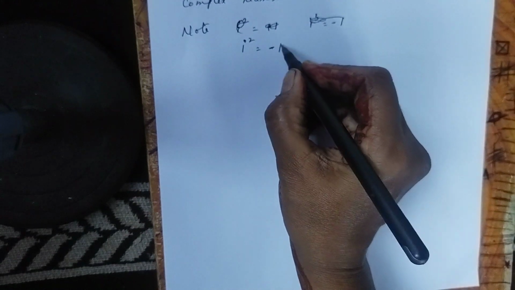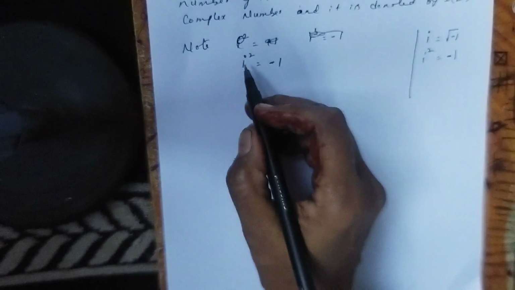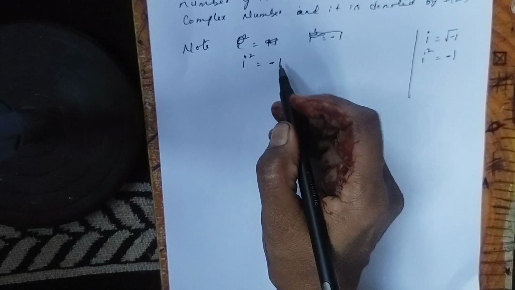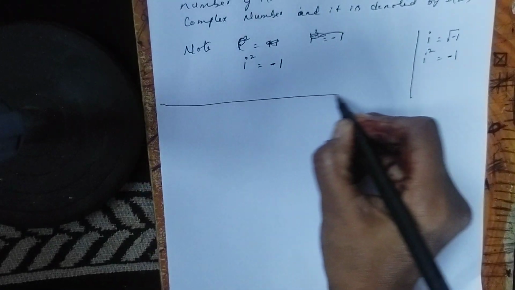This you have to remember. The value of i² is -1, because i = √-1; when you square this i, the root goes and only minus 1 remains. So i² means -1. This you have to note very clearly.